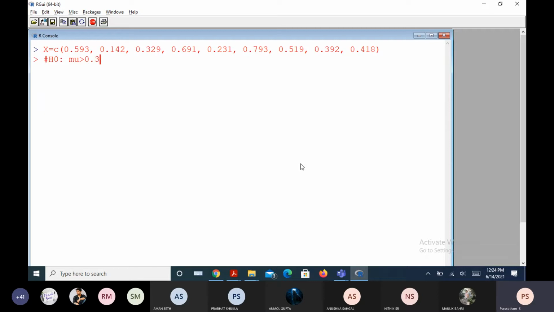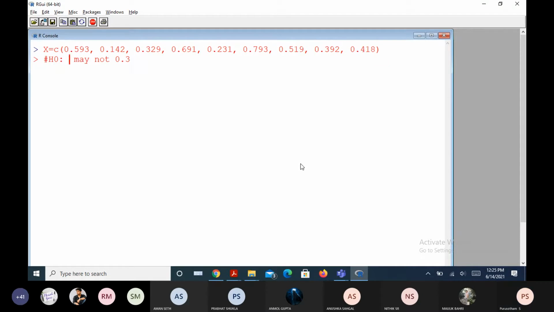In order to test, what we normally assume in the null hypothesis is that mu may not be greater than 0.3. And you are using the phrase 'no significant' in the hypothetical statement, that is referring to the null hypothesis. What is mu?